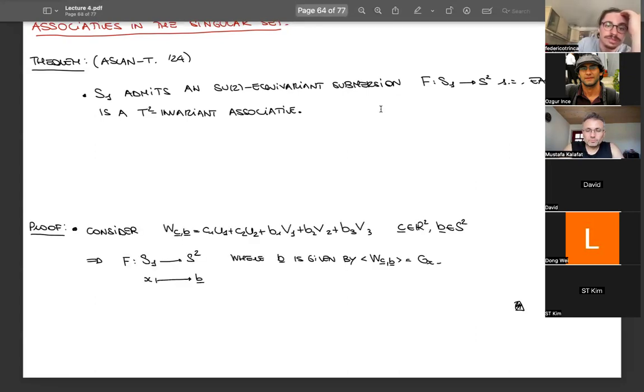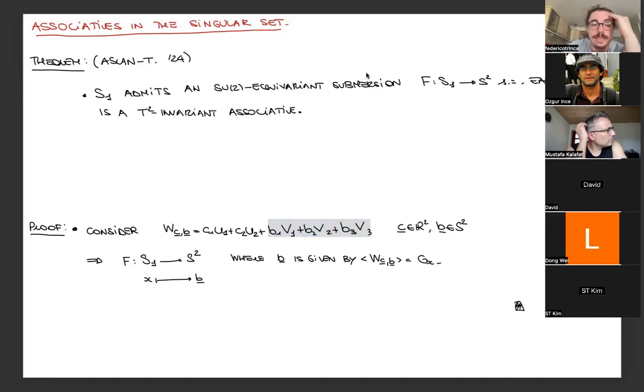The way to see this is by considering the kernel, so the generator of the stabilizer, and this generator of a stabilizer has the terms B1, B2, B3, which is an element of S2, and the map going from S1 into S2 is precisely the map that we need.